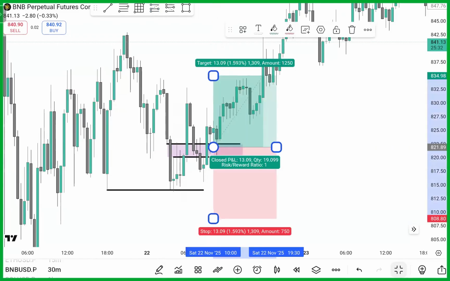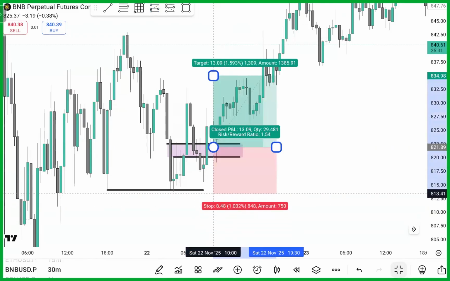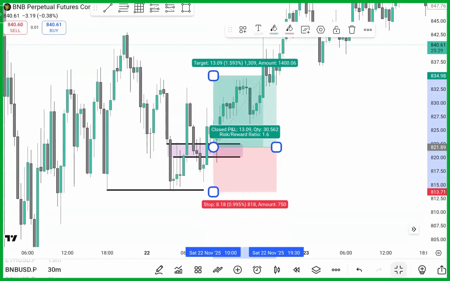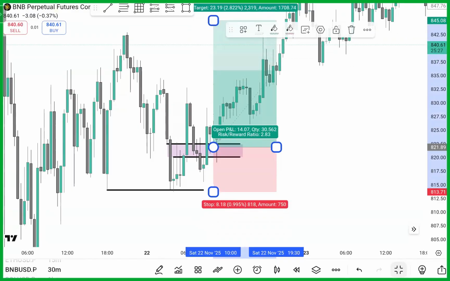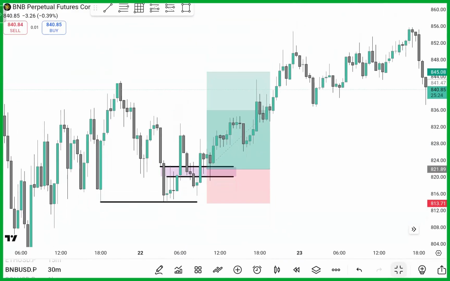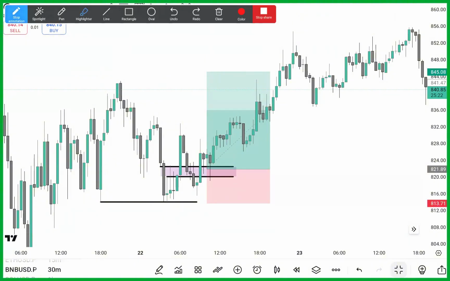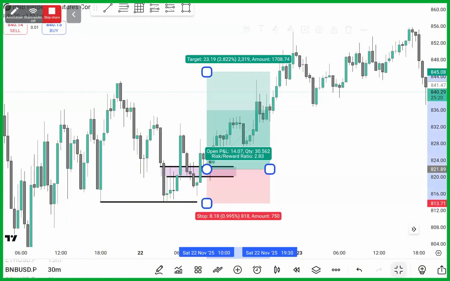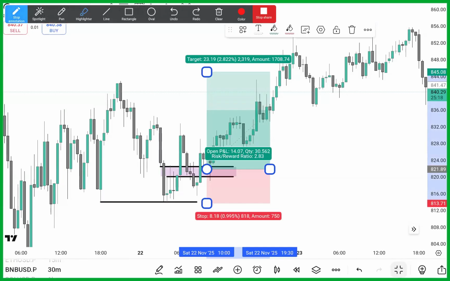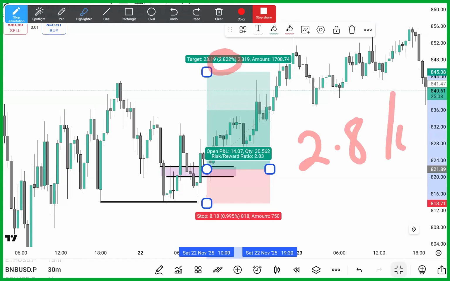Imagine you put here your entry, stop loss here, and then target there. Don't you see you have 2.3%? I'm going to just tap, and you see, hope you see, 2.8% already booked into your pockets. You get? So that entry brings for you 2.8% of the money you have invested into it.